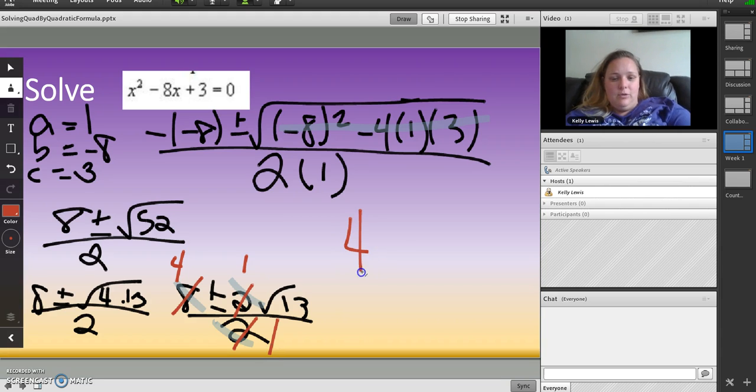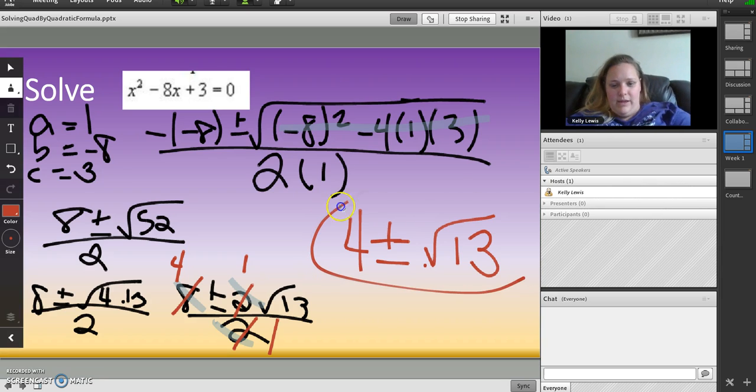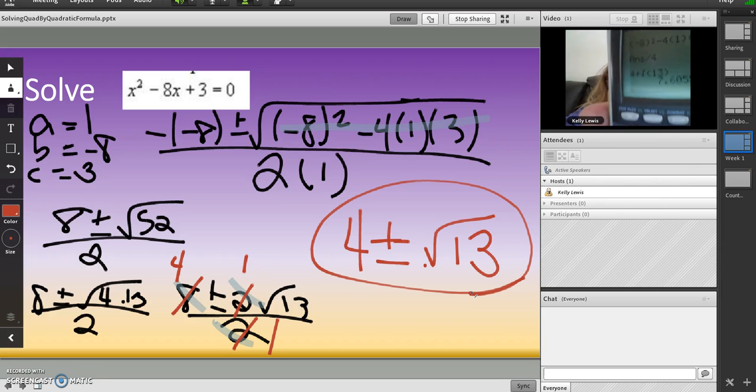And when I do that, I get 4 plus or minus the square root of 13. Remember, the ones are kind of like invisible, so I don't need to put a 1 there, and I don't need to put divided by 1. So that's my answer. I know it means nothing to you, but it's 7.6, some stuff, and 0.39, some stuff, for real numbers.